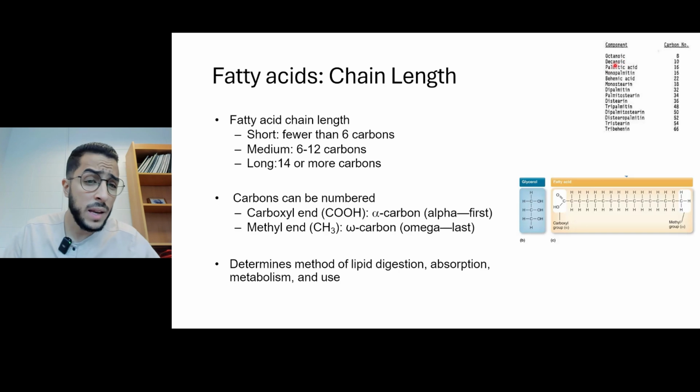Let's say, for example, palmitic acid, it's 16 carbons, and there's a name for it, most probably hexadecanoic acid, right, for 16 carbons, but they also have other names because they are known to have a benefit for us humans, let's say. Okay, they're found in food sources, for example, like palm oil.